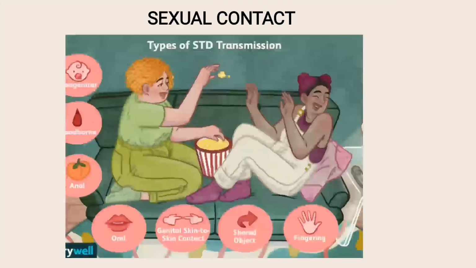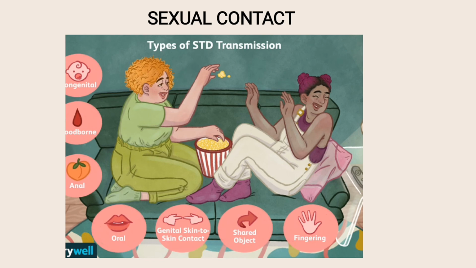And also we now talk about sexual contact. In this aspect of sexual contact, that's through what? Through the genitals. So we must avoid sexual contact with people who are infected with microorganisms. Why?